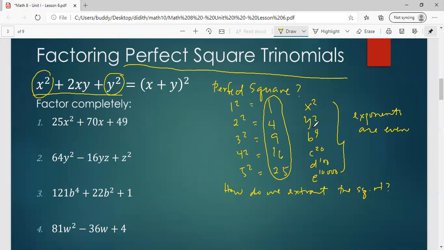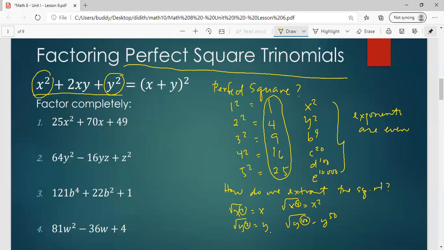But as regards algebraic expressions, the square root of x squared is x, the square root of y squared is y, the square root of x to the fourth is x squared, the square root of y to the 100 is y to the 50th. So take note that we just divide the exponent of the radicand by 2. That's how we extract the square root.